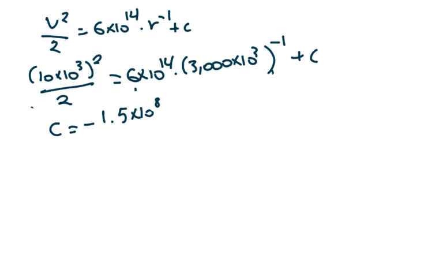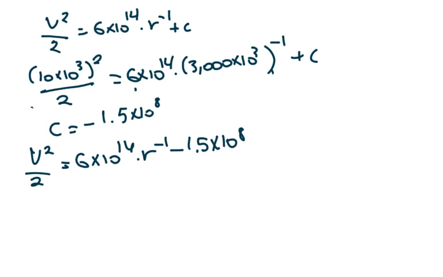Remember to use scientific notation, it's really important. Now let's come up with our final answer, which is going to be v squared is equal to 6 times 10 to the 14th, r to the negative 1, minus 1.5 times 10 to the 8th.